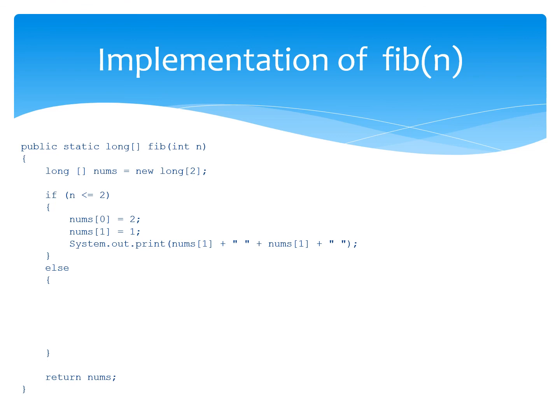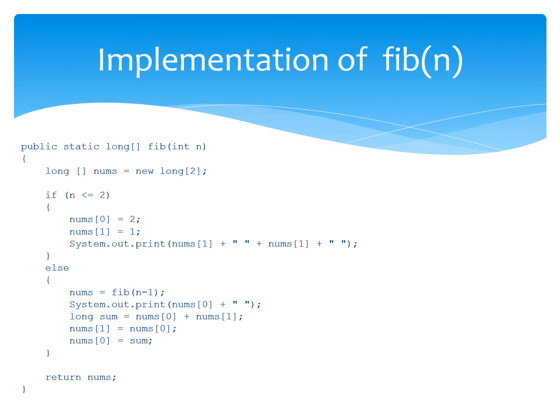In the regular case, we call fib by passing n-1 to make argument getting simpler. Once the function call returned, we can display the Fibonacci number stored in the first array element. After display, we can take the sum of the array elements and update the array elements as explained in the special terminating case. So this is the implementation of the recursive function fib.